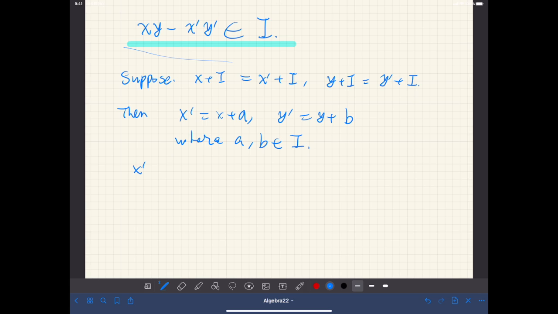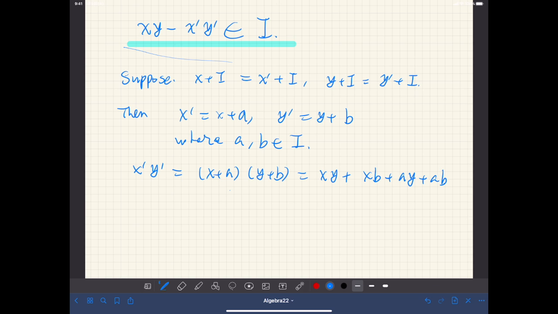So x prime times y prime is x plus A times y plus B. If we expand, we have xy and xB and Ay and AB.